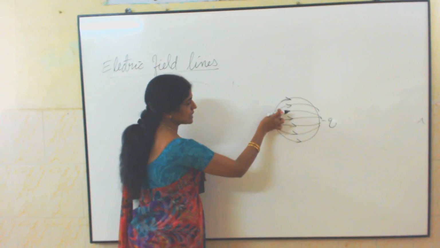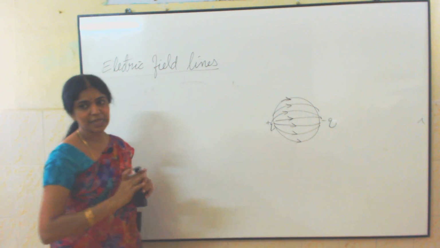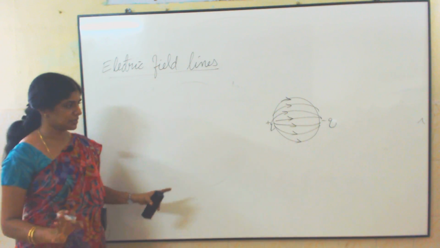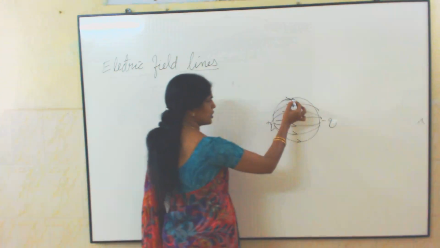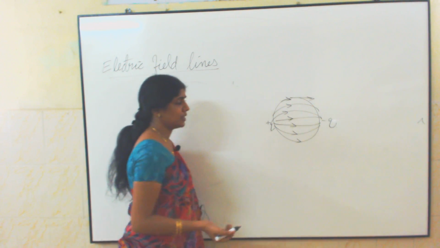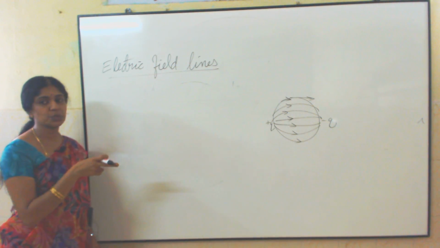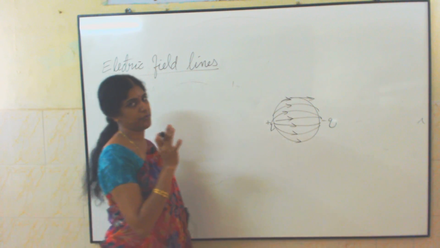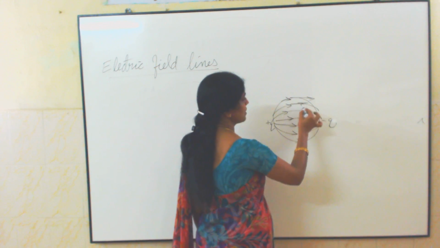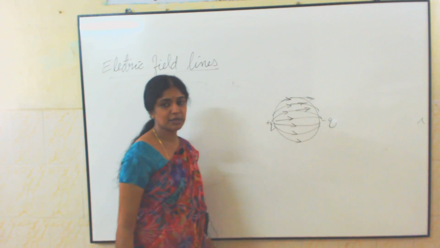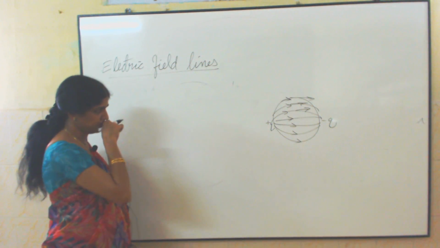They will never intersect with each other. That means the electric lines of force never intersect. If I draw a tangent to any line, this direction gives you the direction of the electric field.